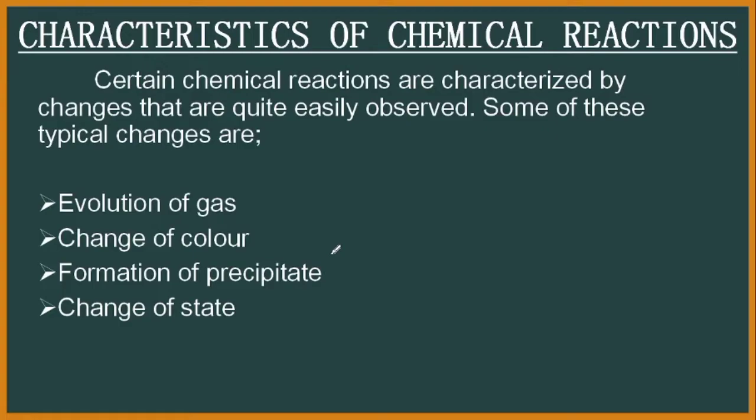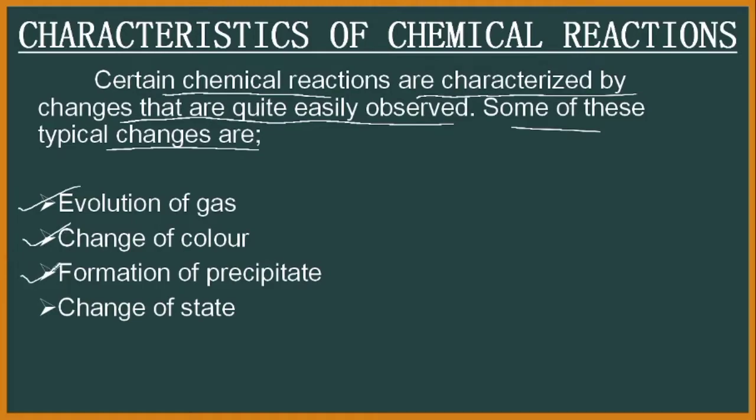These changes we call characteristics of chemical reactions. Certain chemical reactions are characterized by changes that are quite easily observed. Some of these typical changes are: first, evolution of gas; second, change of color; third, formation of precipitate; fourth, change of state.